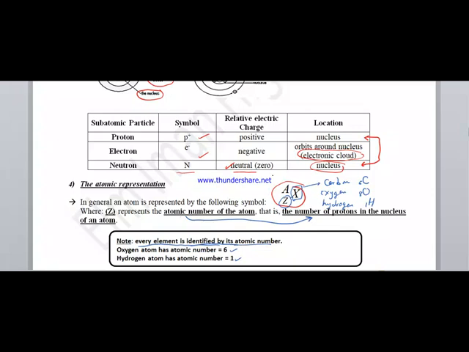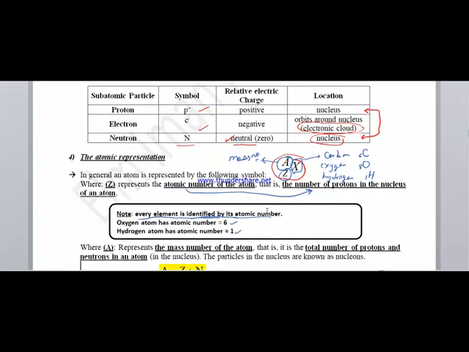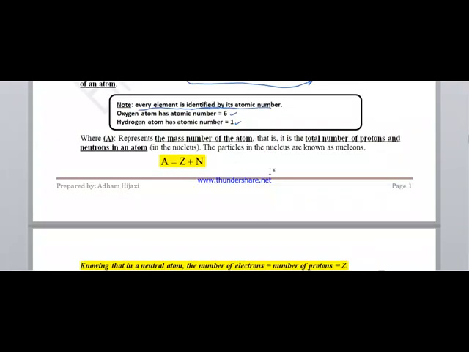The other letter, A, is known as the mass number. The mass number represents the number of nucleons, or the total number of protons and neutrons in the atom.